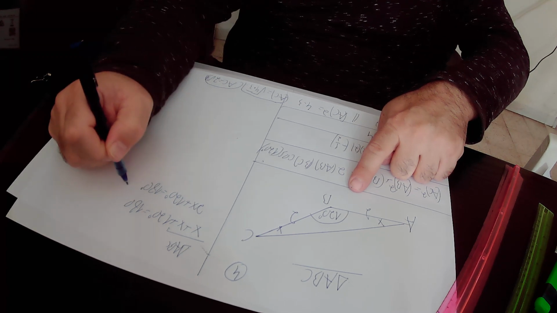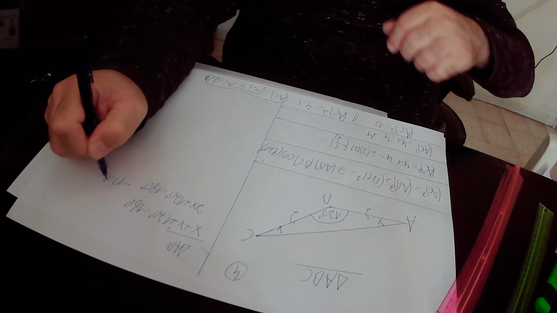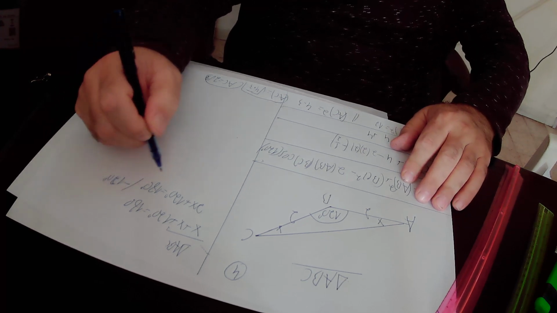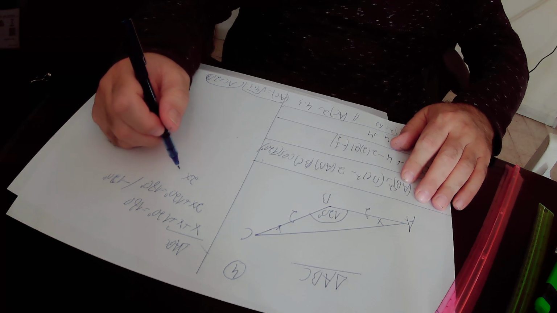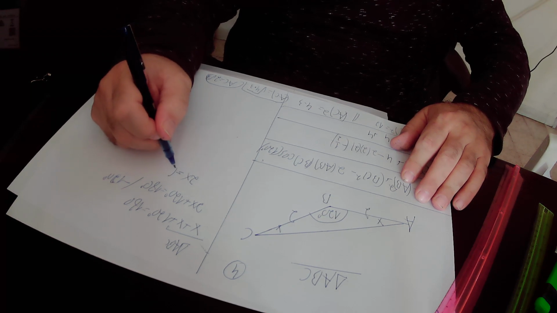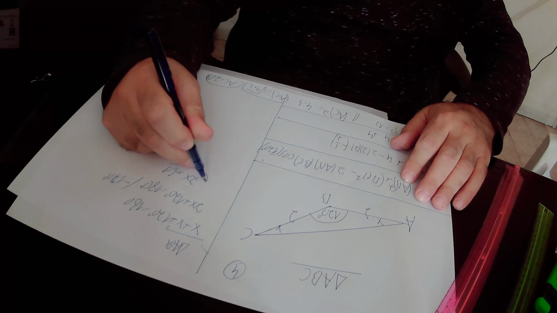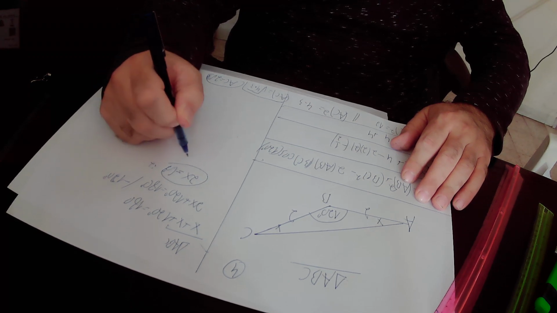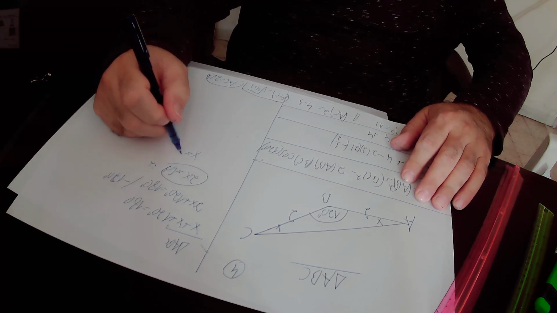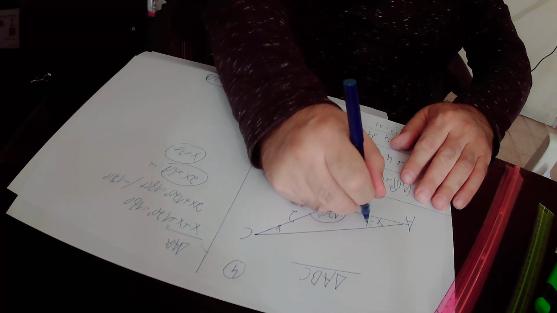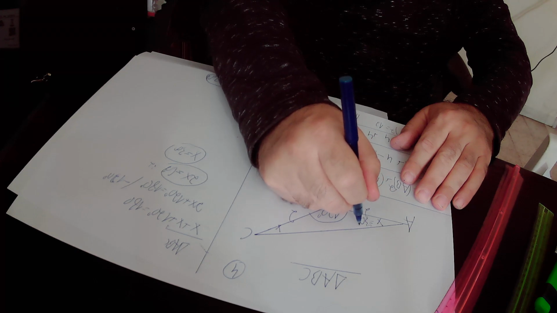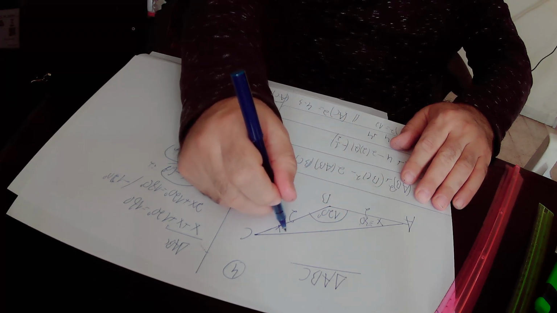We subtract 120 degrees and we get that 2x equals 180 degrees minus 120 degrees, which is 60 degrees. We divide this equation by 2 and we get that x equals 60 degrees over 2, which is 30 degrees. So this angle x equals 30 degrees and this angle x is also equal to 30 degrees.